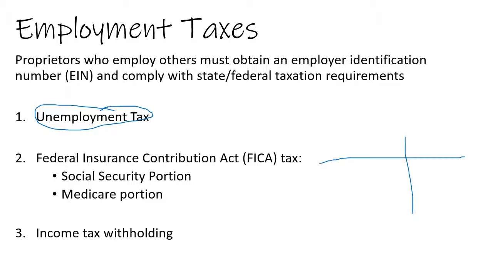For employers, Social Security is equal to 6.2% of an employee's first $128,400 of gross wages. The Medicare portion of the tax for employers is 1.45% of the total employee payroll.